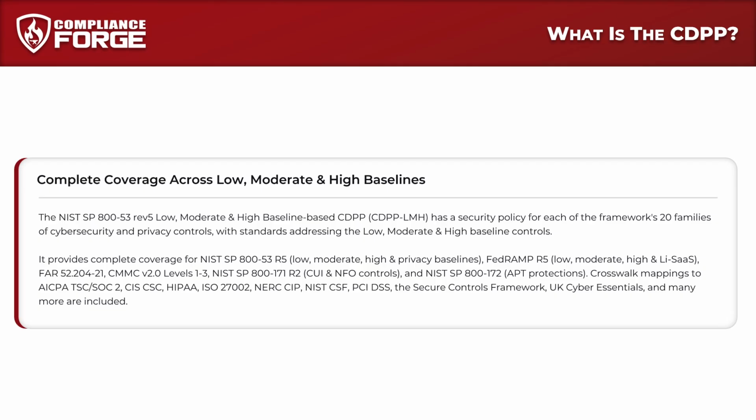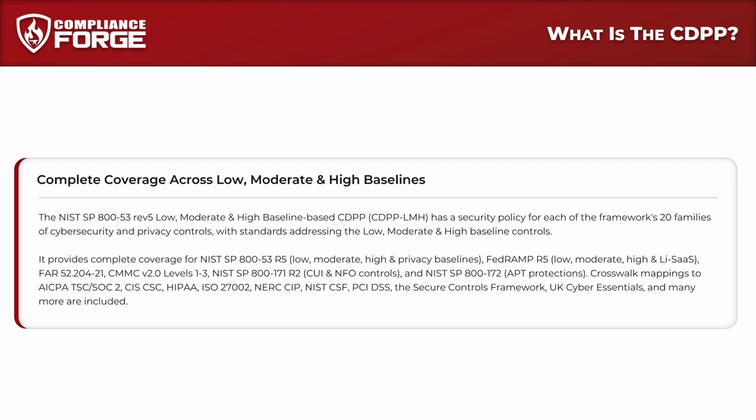This version provides complete coverage for NIST 853 Revision 5, including the privacy baseline. FedRAMP Revision 5, across low, moderate, high, and low-impact software as a service. FAR 52.204-21. CMMC 2.0, Levels 1 through 3, NIST 800-171, covering both CUI and NFO controls, and NIST 800-172 for advanced persistent threat protections.